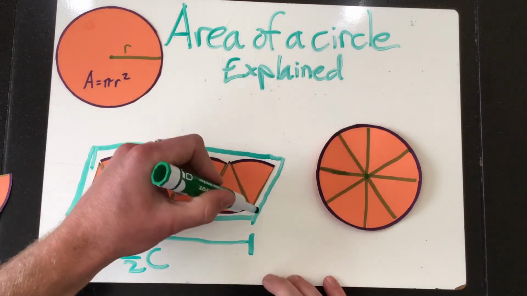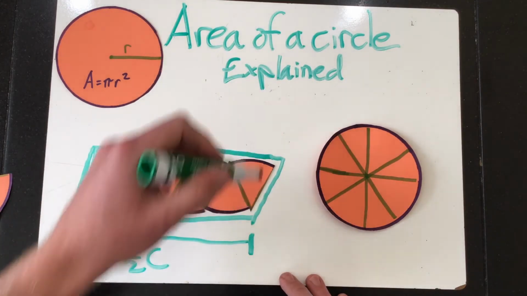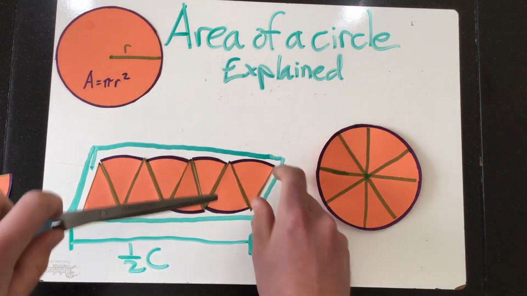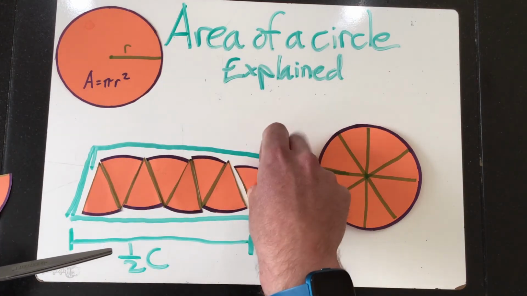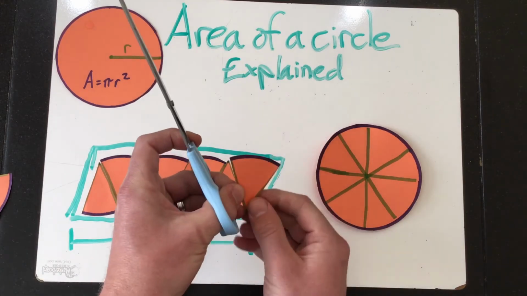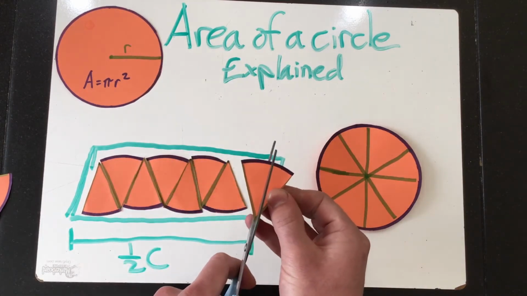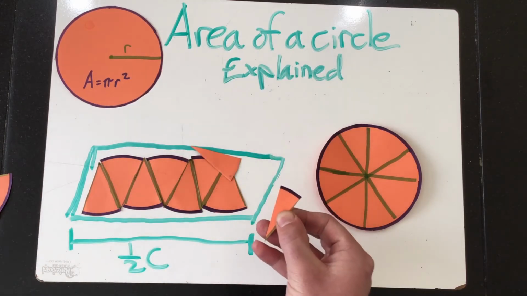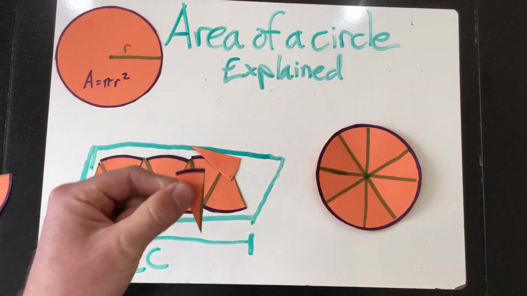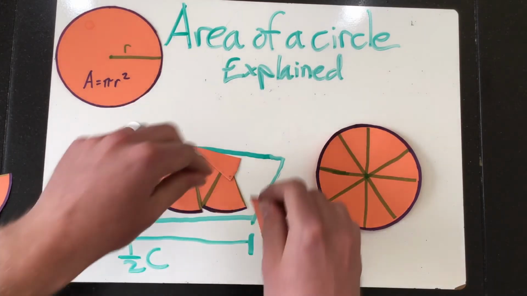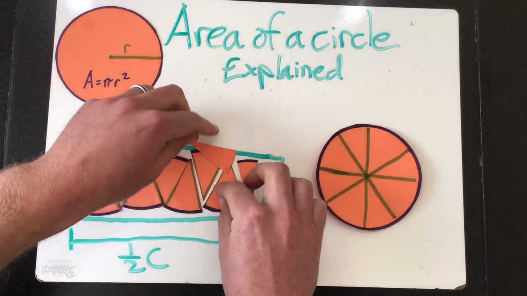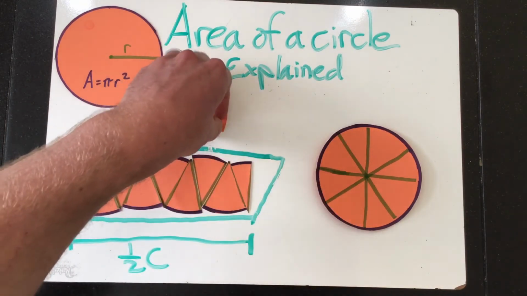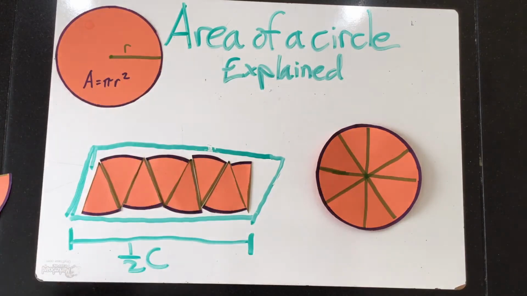And now I got to try to figure out what the height is of my parallelogram if I want to calculate the area. And to do that, I'm actually going to do a little bit of mathematical magic, if you will, and we're going to have some fun. I'm going to take this piece, I'm going to cut it off. Now the purple, I'm going to cut it in half, I should say. The purple line is supposed to be a part of the circumference. The green lines are a radius.